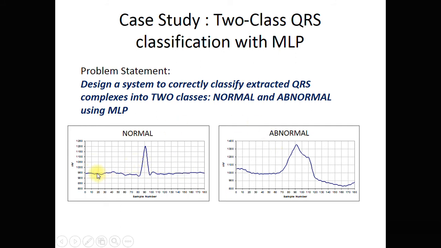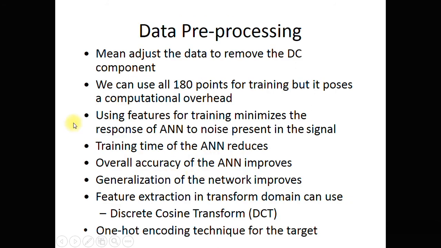So that is the reason why we cannot use the ECG pattern directly. So we have to extract the features. Training time of the ANN will also reduce because the size of the network will also reduce. Overall accuracy improves. Generalization, if you remember the concept of memorization and generalization, is what is expected rather than memorization.